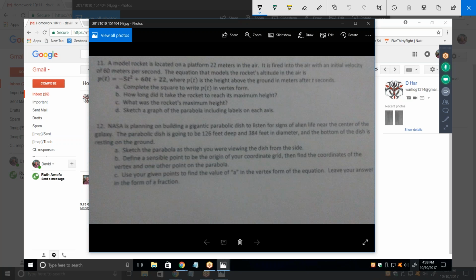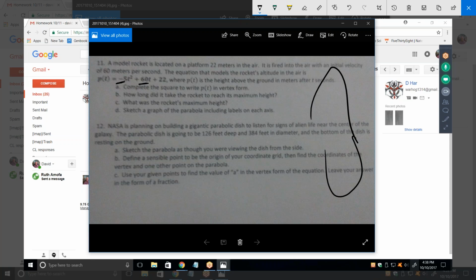And also notice that the initial velocity is the coefficient of the t, 60, right there. And there's always a negative sign in front of the coefficient of the t squared because you always have gravity acting in a downward motion. So you're always going to have parabolas like that. You're not going to have parabolas like that ever with projectile motion.